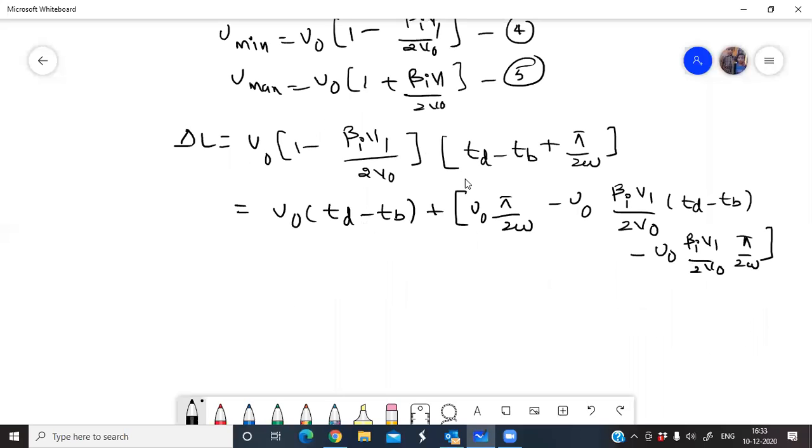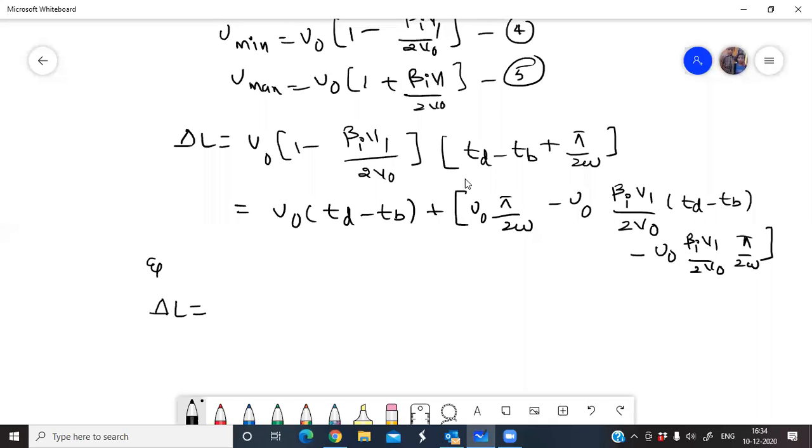So this is the equation, and similarly when you substitute V maximum, that is V naught into 1 plus beta I V1 by 2 V naught, you will get another equation directly.